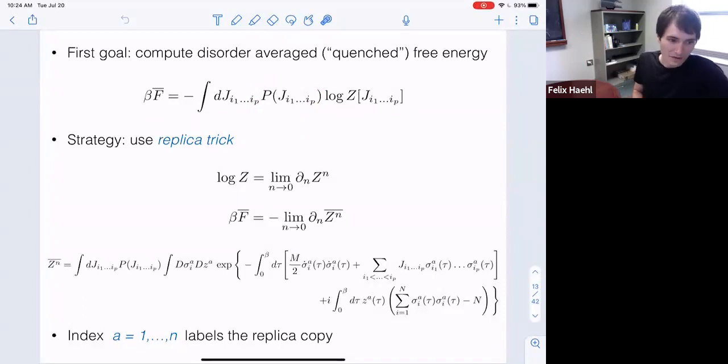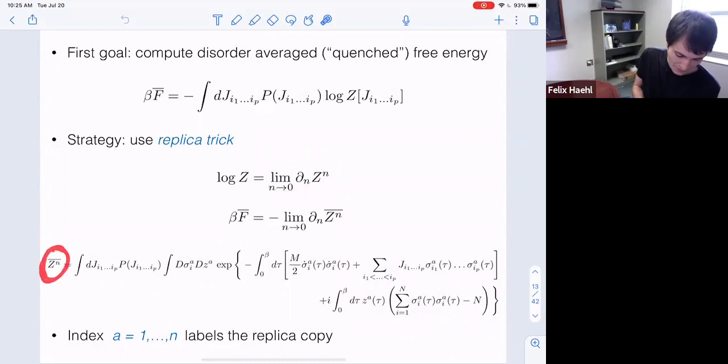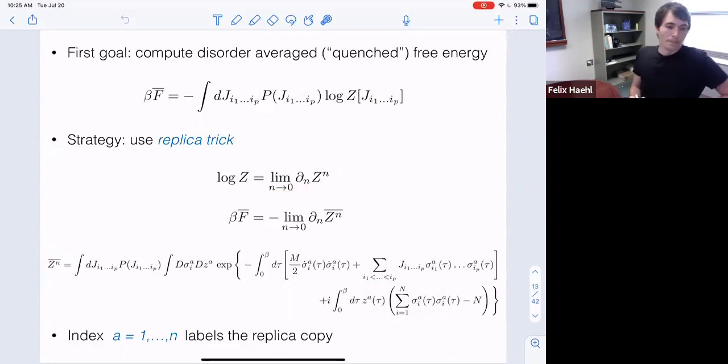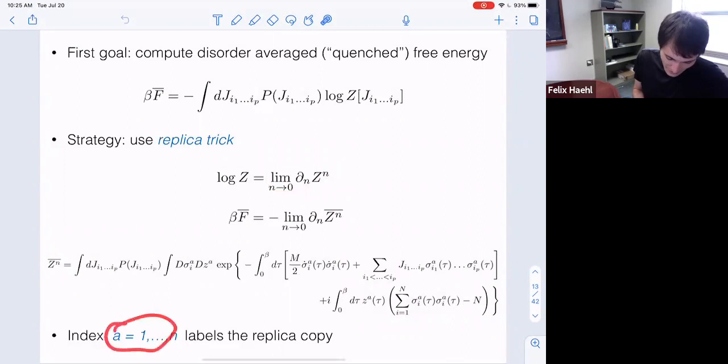And of course, to compute log Z, one way to do that is to use the replica trick. The starting point is to write log Z as this particular limit, and then say, well, we don't know how to compute log Z, but we know how to compute the powers of Z. Okay, so now all we have to compute is the disorder average of nth powers of Z. And to compute that, we simply introduce n copies of the system labeled by this index A, and we integrate over all the copies of these variables.